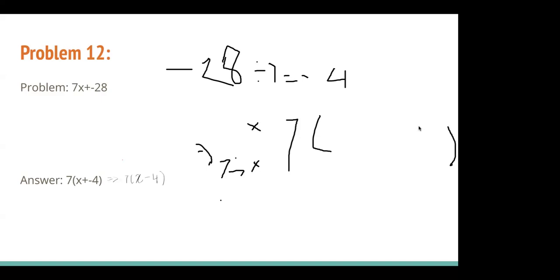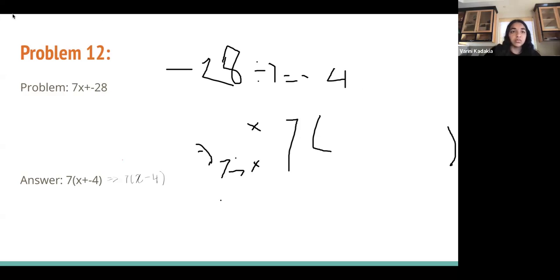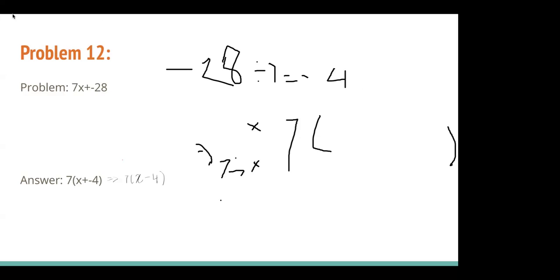Then a positive times positive is a positive term, and here is negative. So here becomes negative right here.